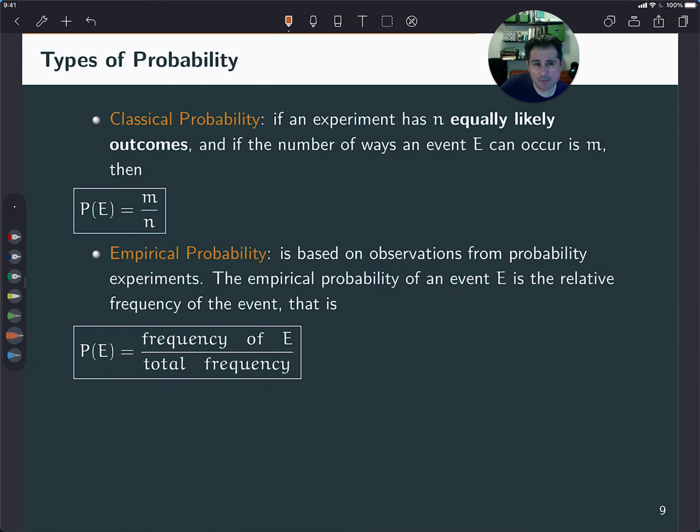The empirical probability is based on observations from an experiment. The empirical probability of an event is the relative frequency of the event. So you keep track of something happening, and you keep track of the results you get compared to the total number of times you have repeated the experiment.